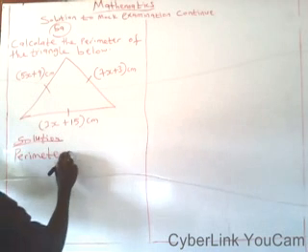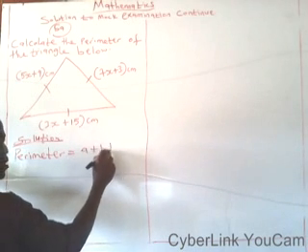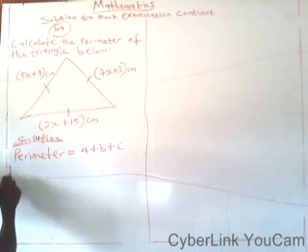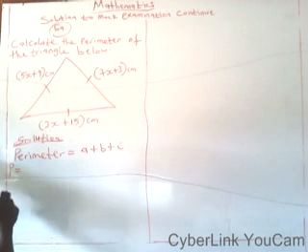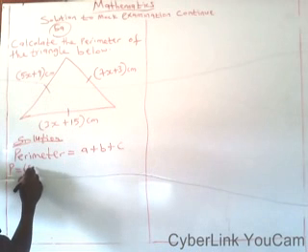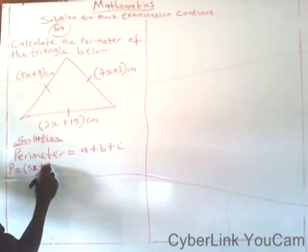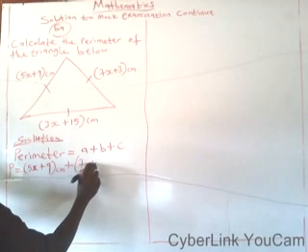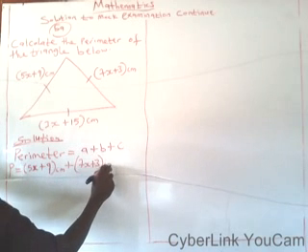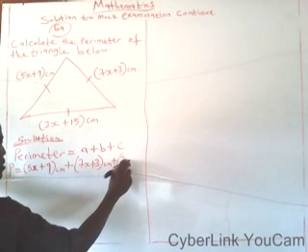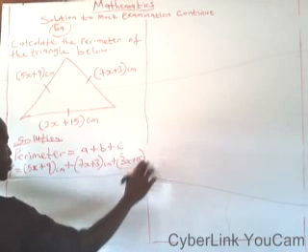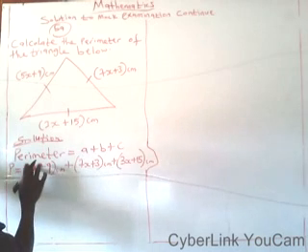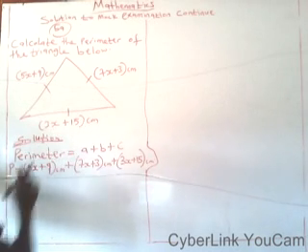Perimeter of a triangle is equal to A plus B plus C. I'm going to represent the perimeter with capital letter P, which is equal to 5x plus 9 in centimeter, plus 7x plus 3 also in centimeter, plus 3x plus 15, this one also in centimeter. That is how we are going to calculate our perimeter for this particular triangle.